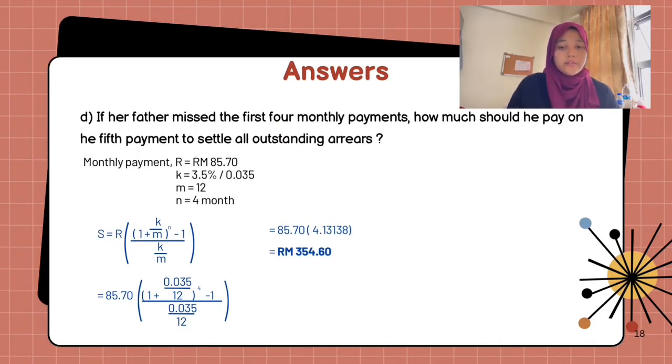R is 85 ringgit 70 sen, open bracket 1 plus 0.035 per 12 close bracket power 4 minus 1 per 0.035 per 12 close bracket. So the final answer is RM 345 ringgit 80 sen.